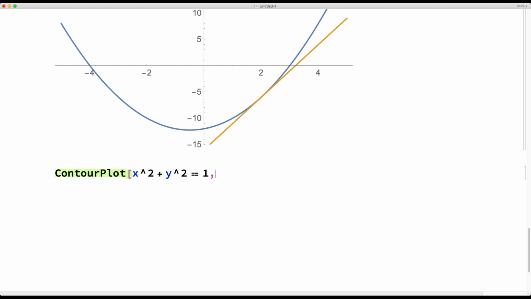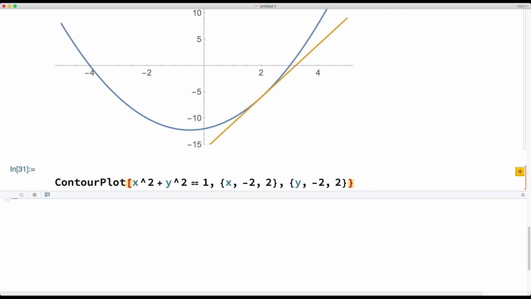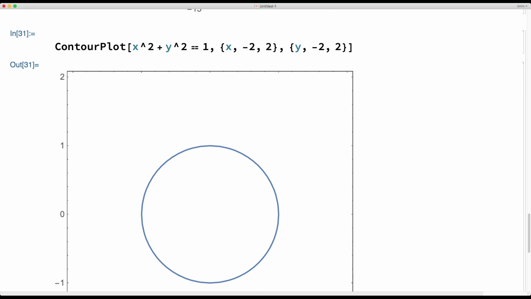The origin, right? So what would be a reasonable range of x and y to plot this for, so I get the whole circle? Yeah, -2 to 2, say. All right, so let's go x from -2 to 2, and y also from -2 to 2. Okay, there we go.